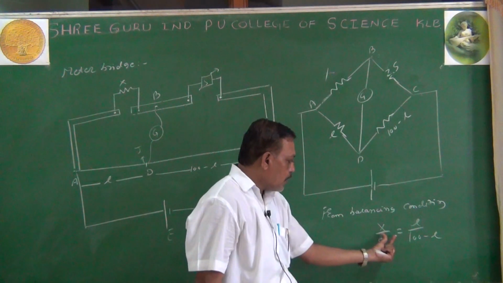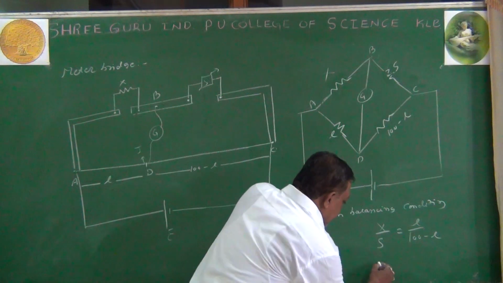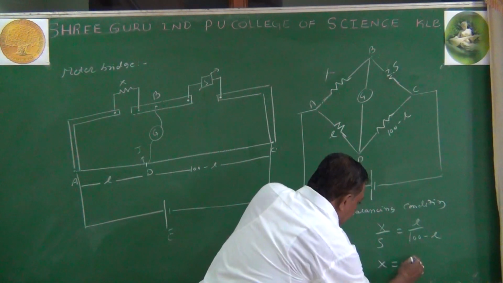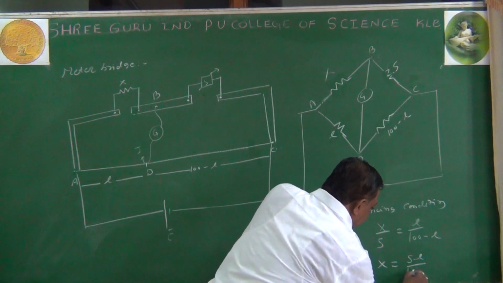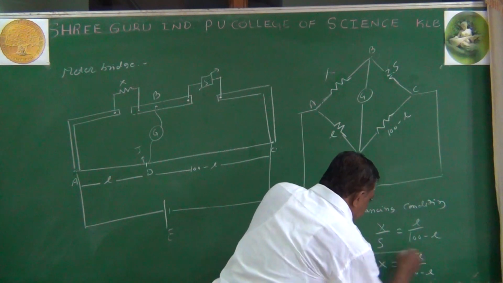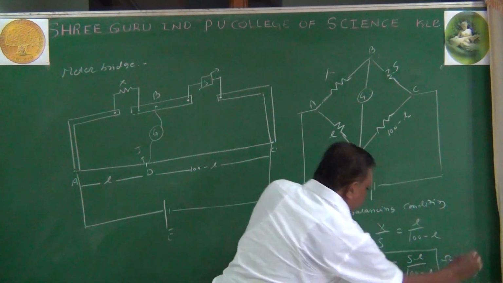The unknown resistance X equals, by cross multiplication, SL divided by 100 minus L. It is measured in terms of what? Ohm.